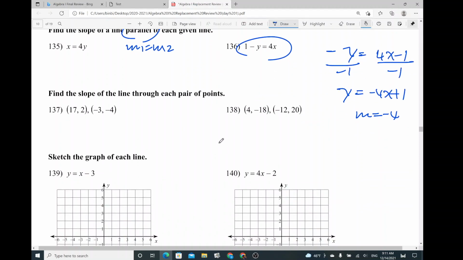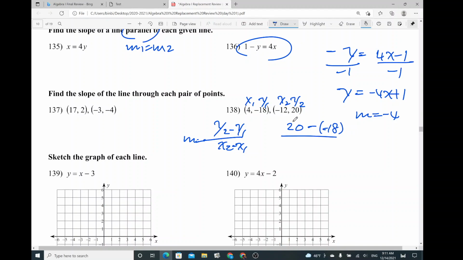Find the slope using the slope formula, which is y2 minus y1 over x2 minus x1. So label it, the first point, x1, y1, x2, y2, and then 20 minus -18, or 20 plus 18. Well, let's just show all your work. And then x2 minus x1, -12 minus 4. So this one, combine them, which is 38.